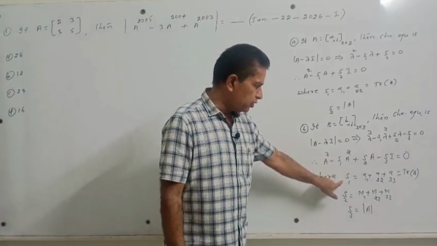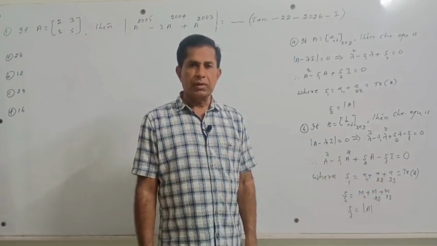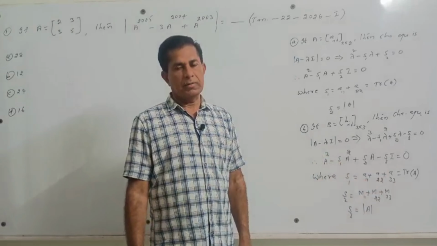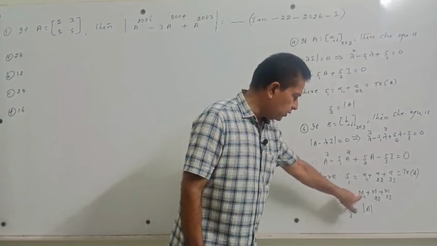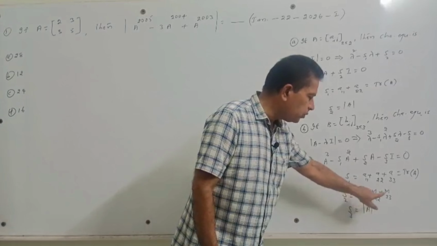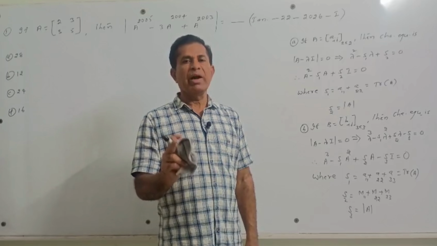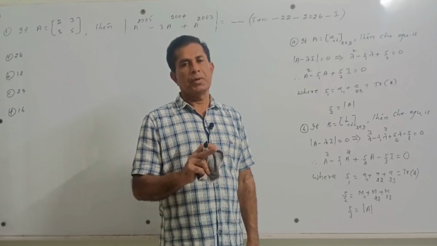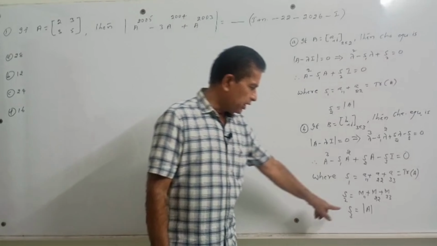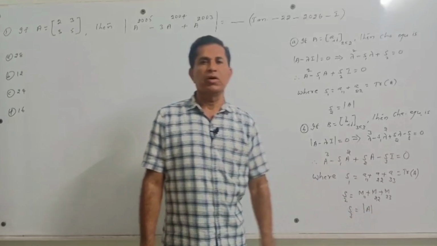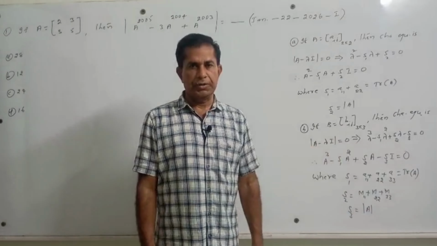So here s1 representing A11 plus A22 plus A33, sum of the elements in the principal diagonal, that is the trace of the matrix. s2 is equal to M11 plus M22 plus M33. Capital M11 representing minor of element A11, similarly M22 and M33. There s3 representing determinant of A. So you have to remember these formulae, they are very important.